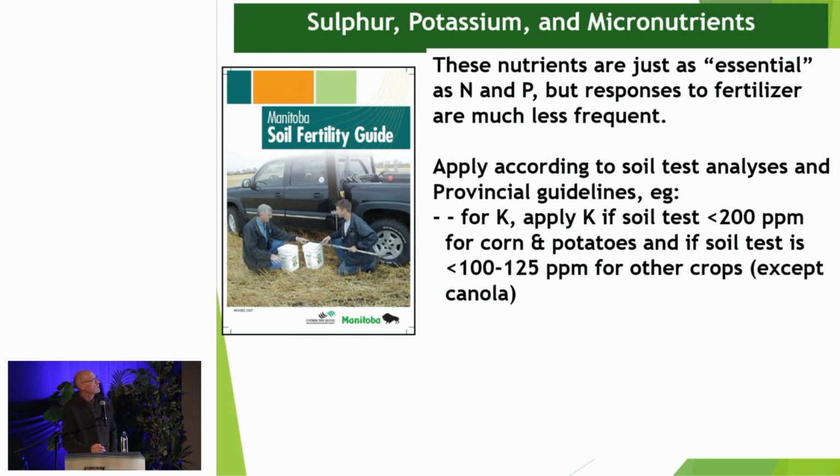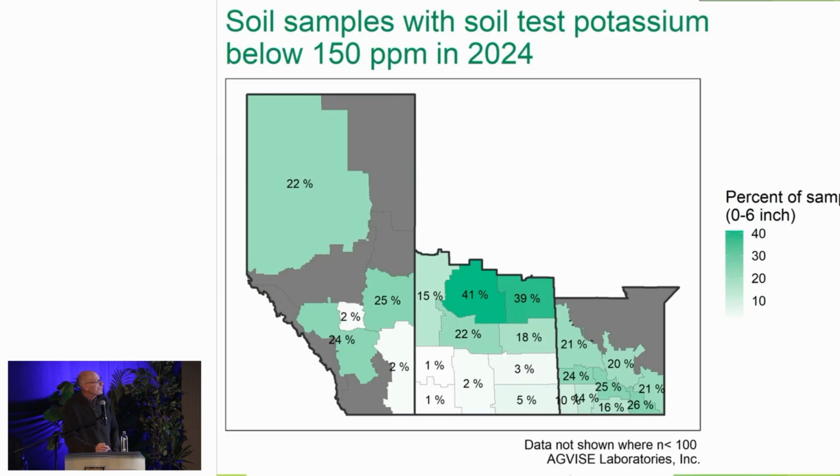For potassium, it's fairly simple. If soil test levels are less than 200 parts per million, corn and potatoes demand potassium. For most other crops, if they're testing below 125 parts per million, then they would demand potassium applications. How many soils are testing in those types of ranges? Here, AgVise is using 150 parts per million.